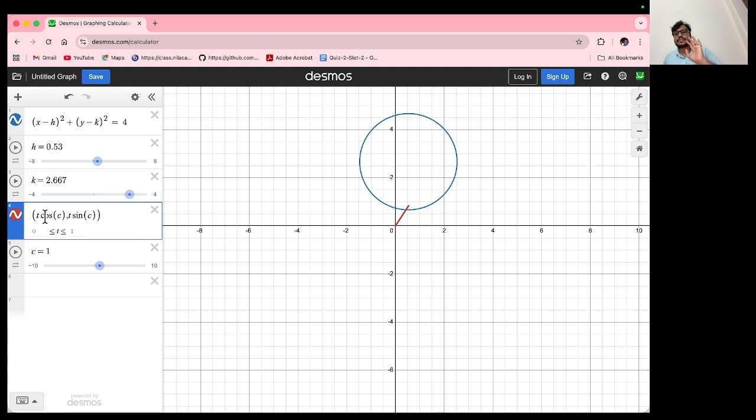Now I want to shift that vector's starting point to the center of the circle. The origin of the circle is h comma k, so I shift it to h comma k. And I change t's boundary condition from 0 to 2. Let's see what happens.